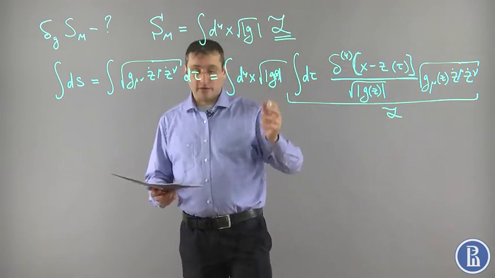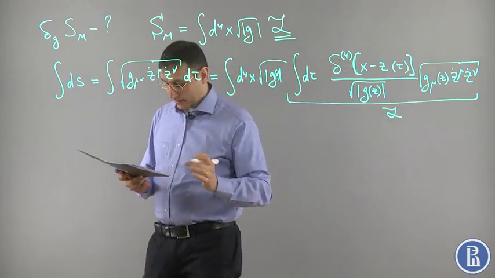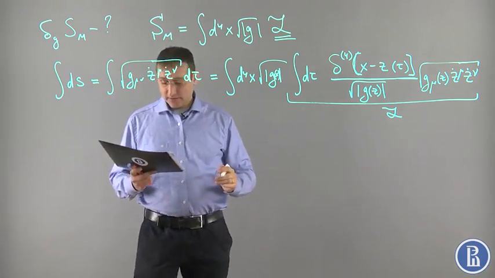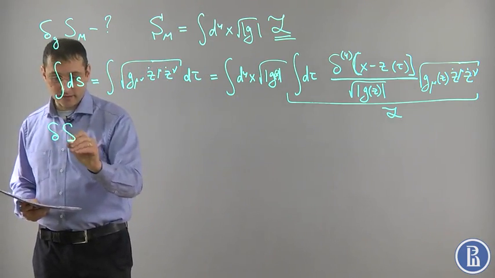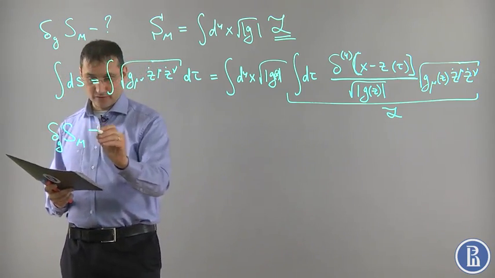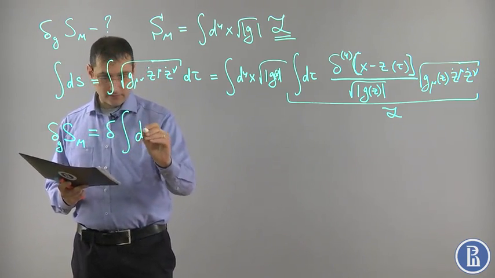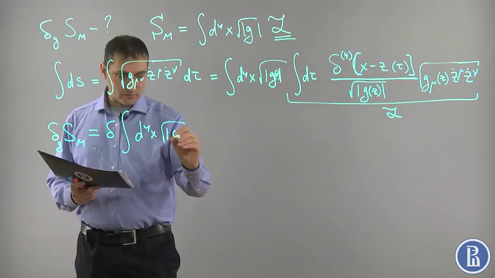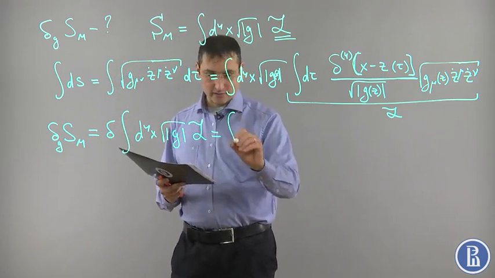We will encounter imaginary actions, matter actions, a little bit later. So if this is like this, then the variation of the matter action with respect to the metric is given as follows.